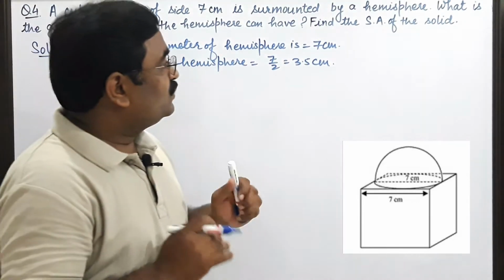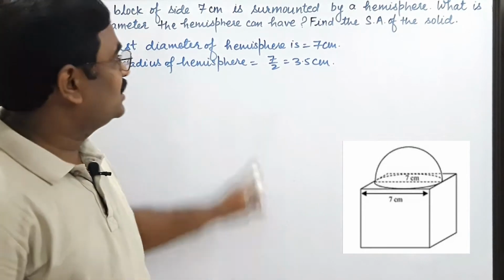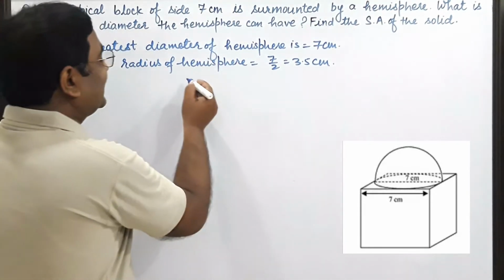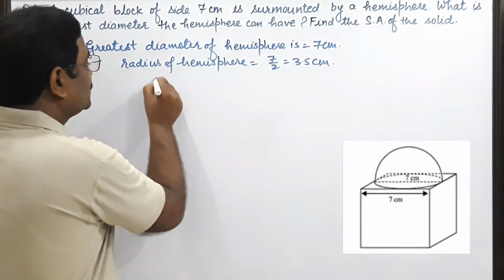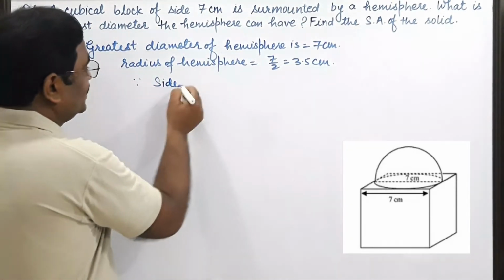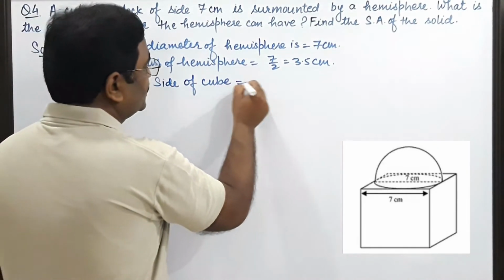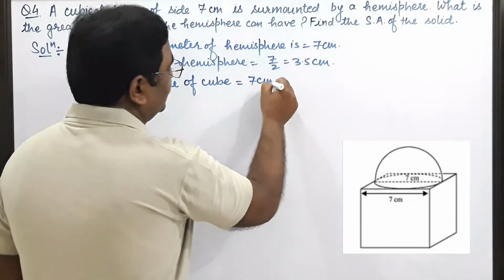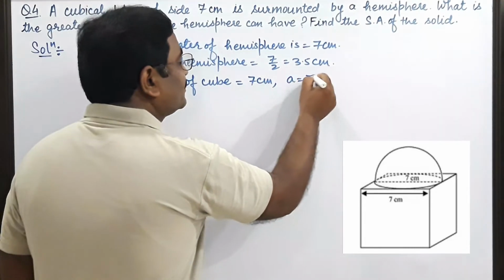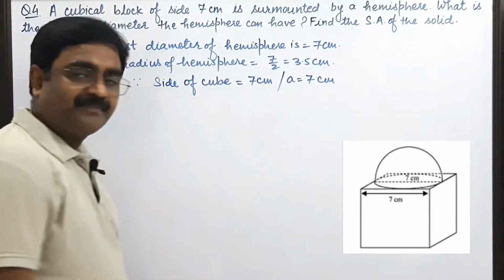As it is given here, the side of the cubical block is 7 centimeter. It means side of the cube is given 7 centimeter, so it can be written as a is equal to 7 centimeter, right?